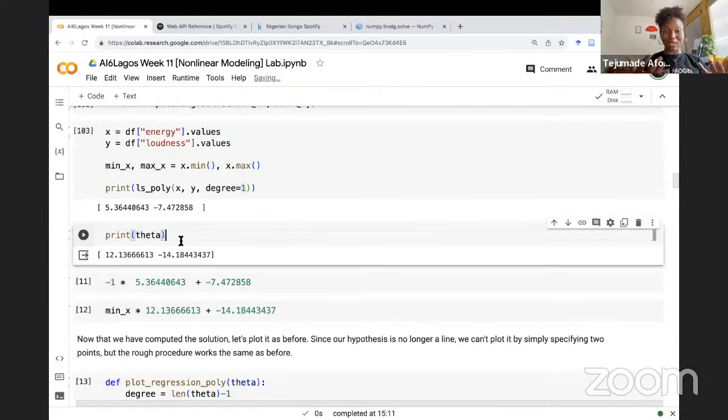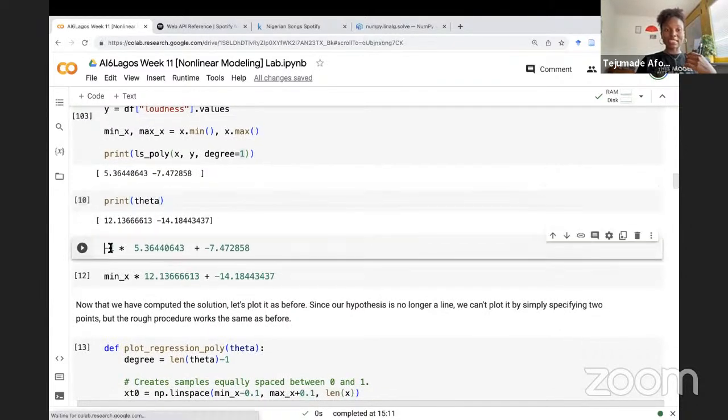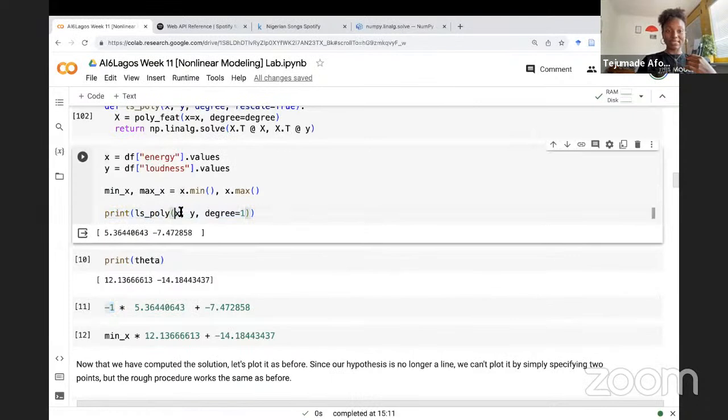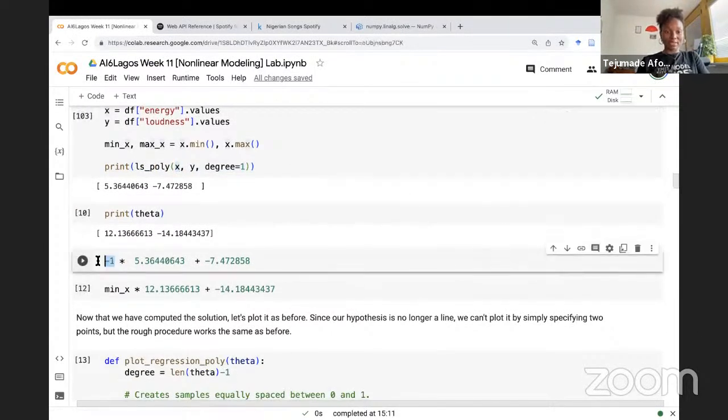The effect that they have on the data set is still the same. It's just scaled differently. To show you that what I'm saying is correct, you can look at the minimum for this data here, this X. Remember, this is what we did.